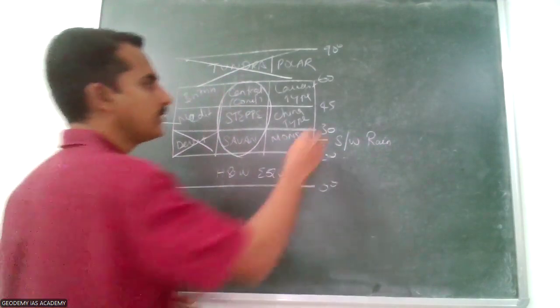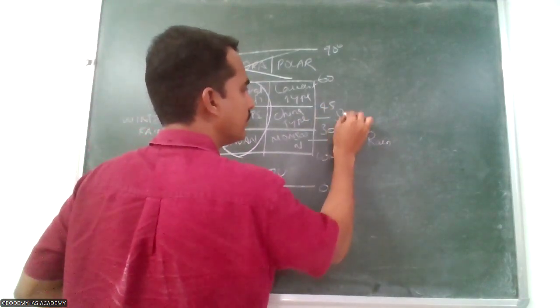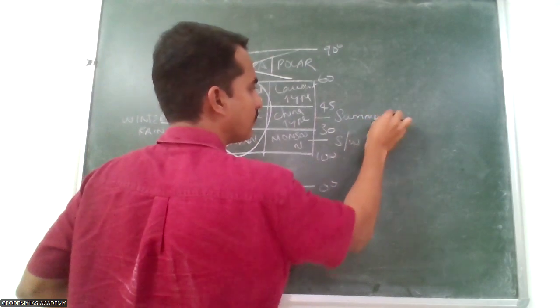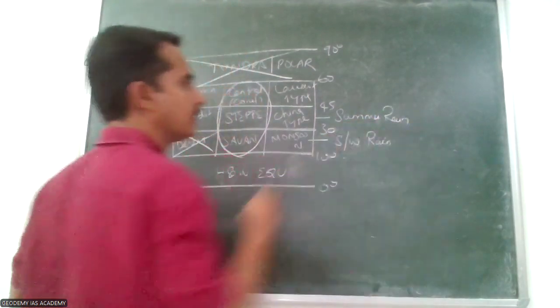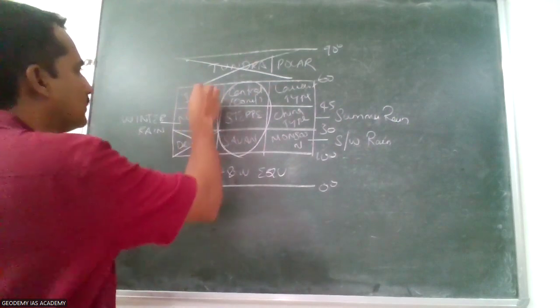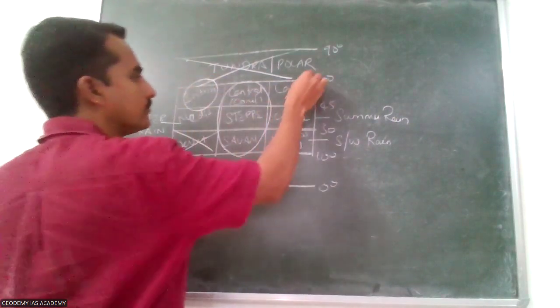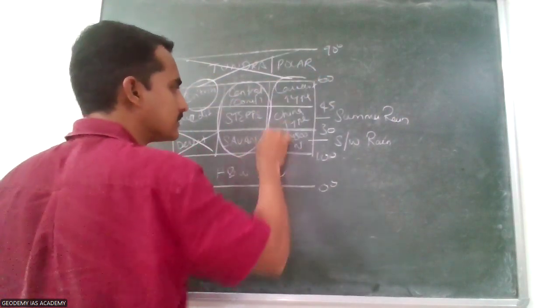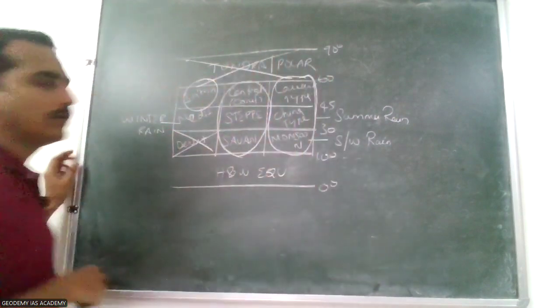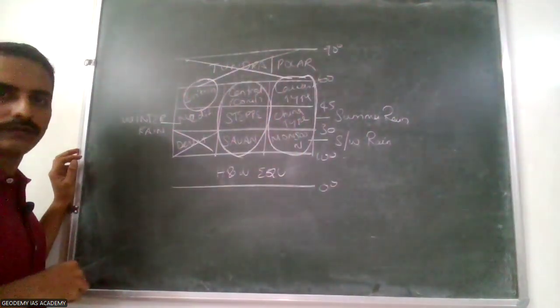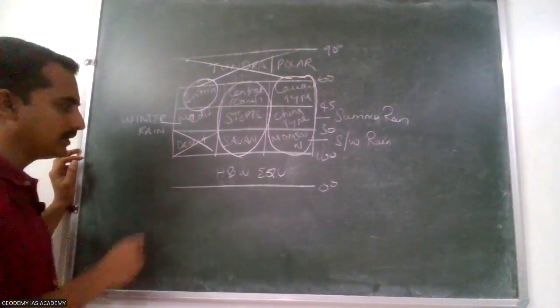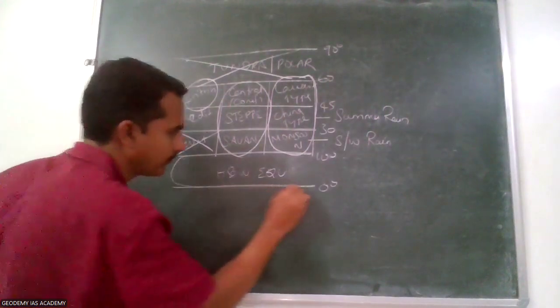And here it is summer rainfall. Okay, so these regions have abundant rainfall, high rainfall, and this region has abundant rainfall here.